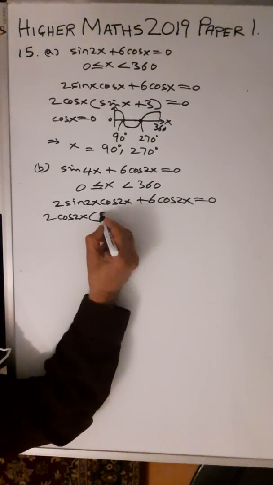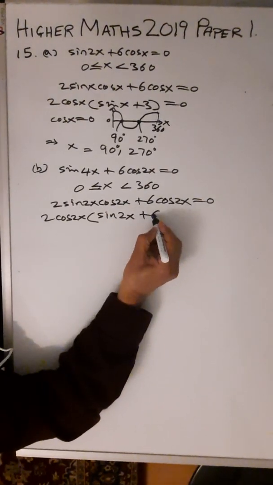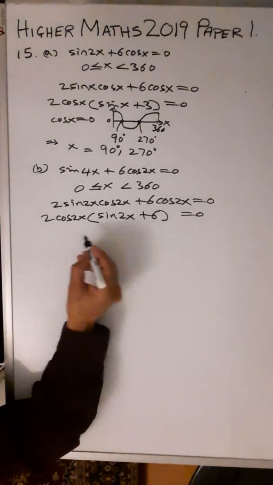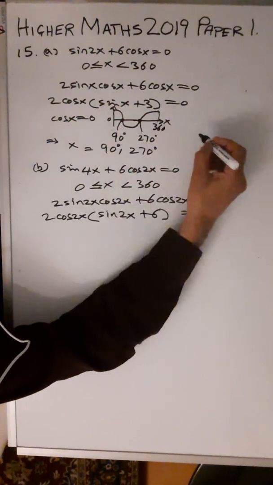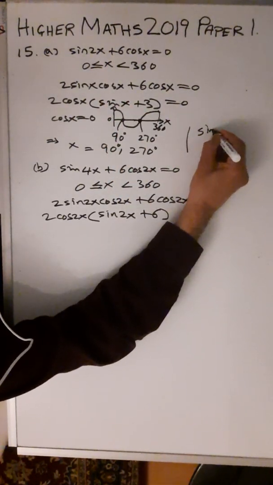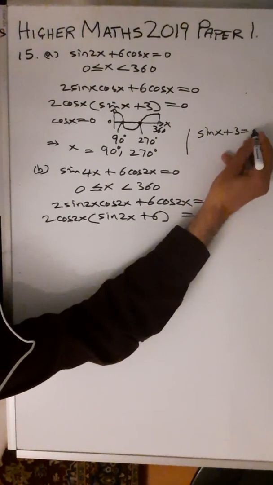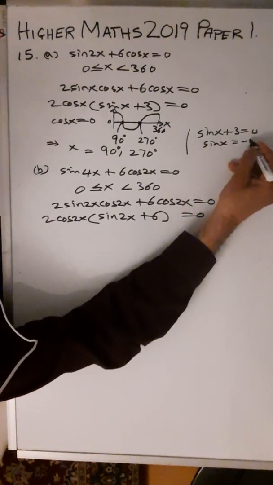Inside you're left with sine 2x plus 6 equals 0. In part A, the other bracket was sine x plus 3 equals 0, which means that sine x is equal to minus 3.